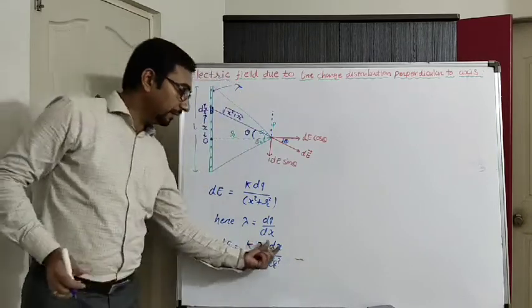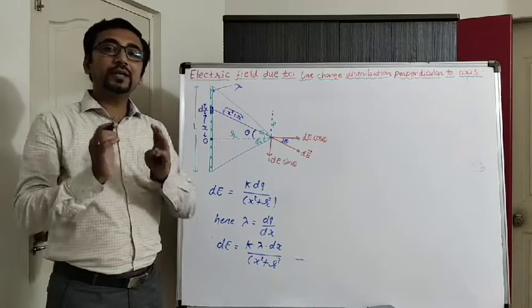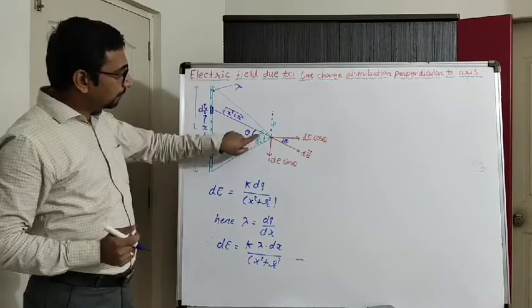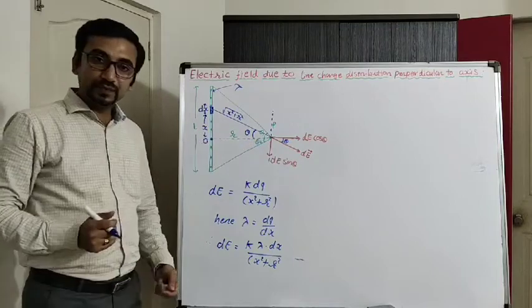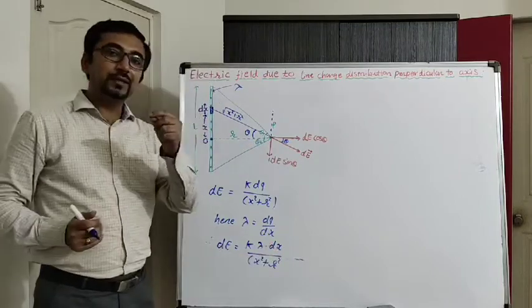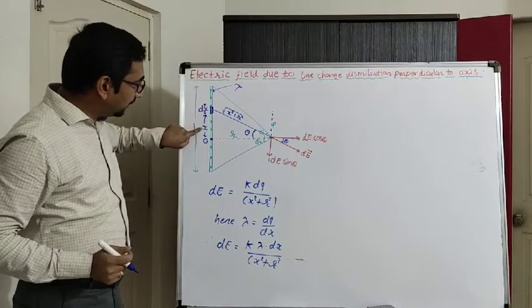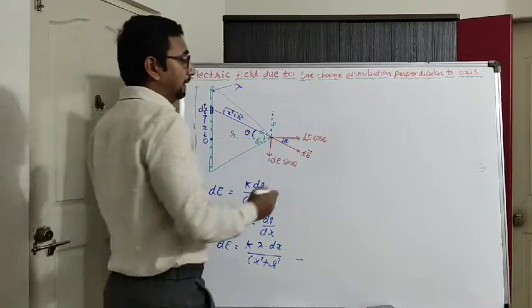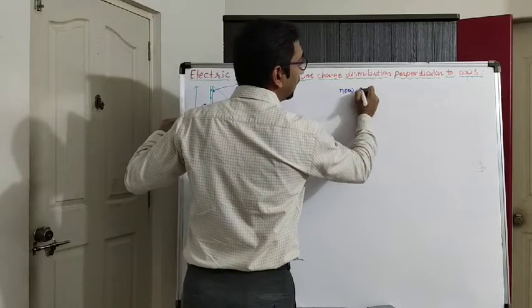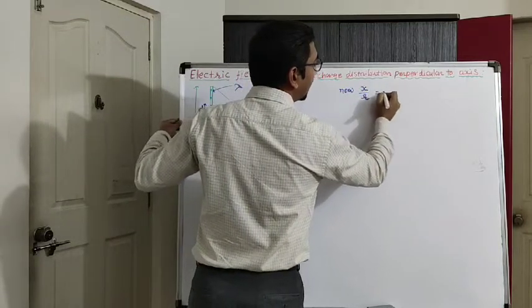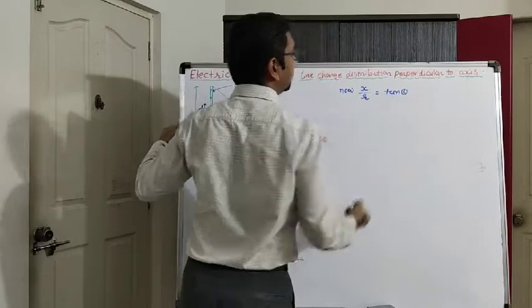So here we have an equation in terms of dx. Now when we apply limits in theta, we need to convert this dx into d theta form. So the relation between x and r is: x upon r is equal to tan theta.